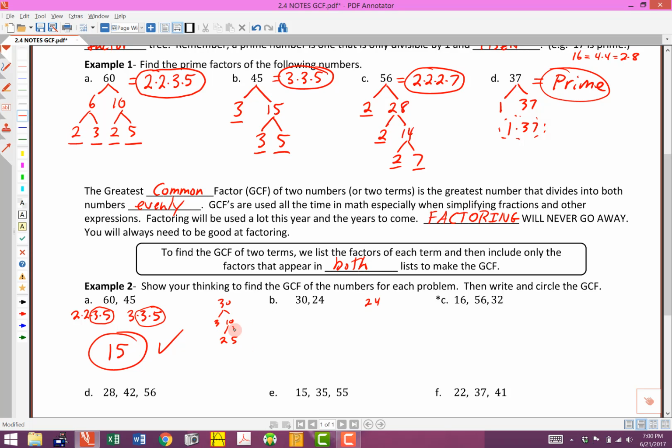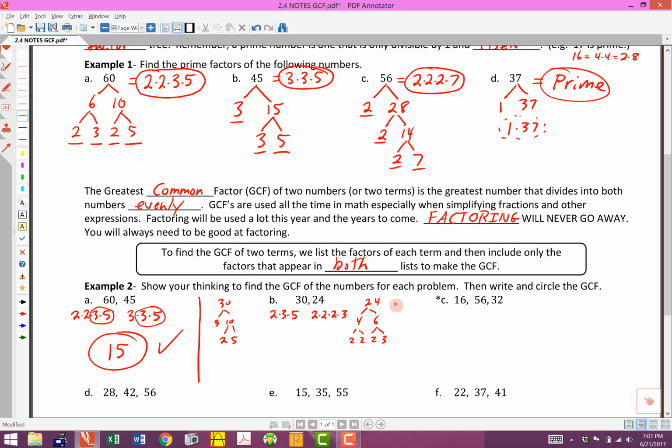So, and again, I like to write them in order, so I'm going to do 2 times 3 times 5. Let's see, we'll try 4 and 6, 2 and 2. Let's see, 2 times 3, so this would be 2, 2, 2, and 3. Okay, so if you need to do a factor tree, that's totally okay.